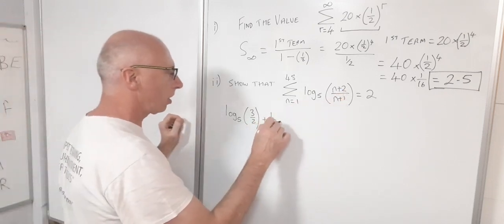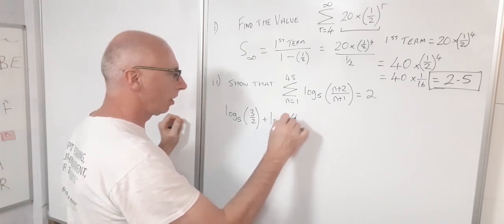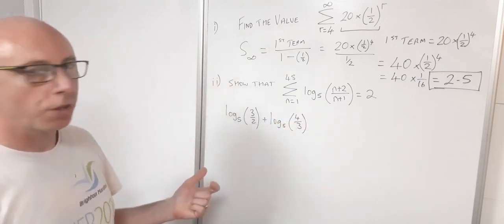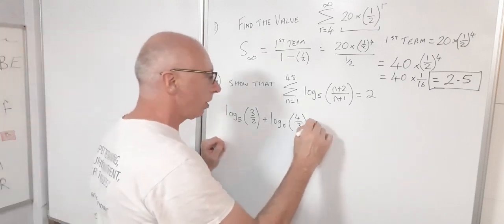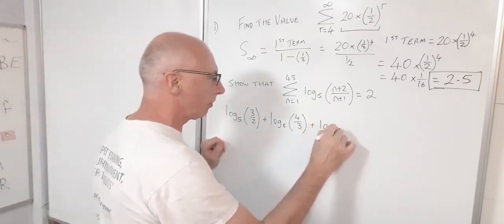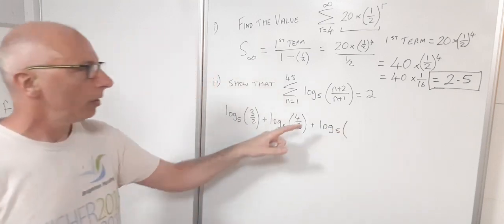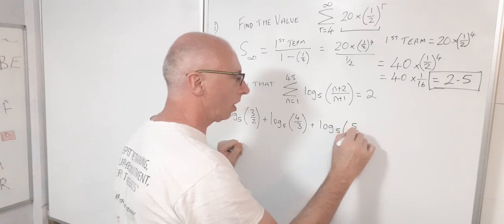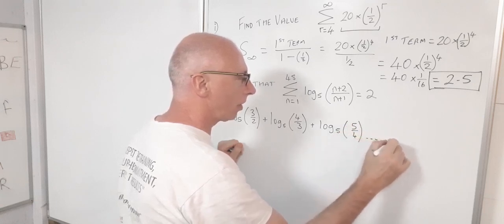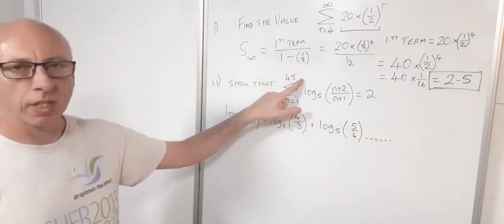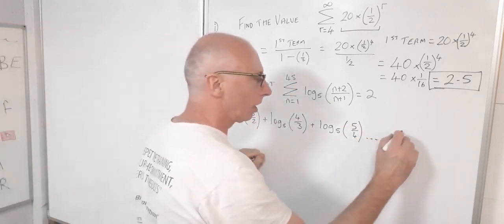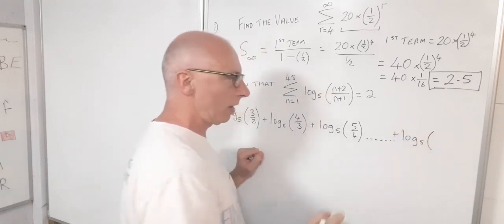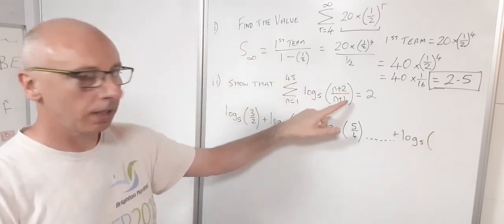So now I've got log base 5 of 4 over 3. And then let's do another one. So the next one is log base 5. So now when n is 3, I've got 5 over 4. And that will keep going on and on until I get to 48, which will give me plus log base 5. When n is 48, I've got 50 over 49.